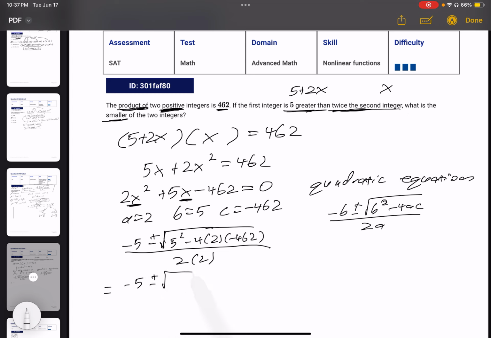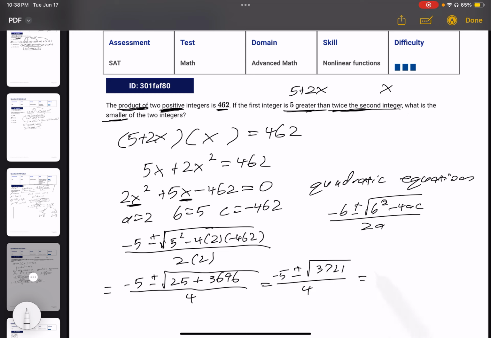Plus or minus the square root of 25 minus 8 times 462, which is 3,696, over 4. And that's equal to negative 5 plus or minus the square root of, oh, this is going to be plus, sorry, because it's a negative minus a negative times a negative. 3721 over 4, and then we take the square root of all of that.